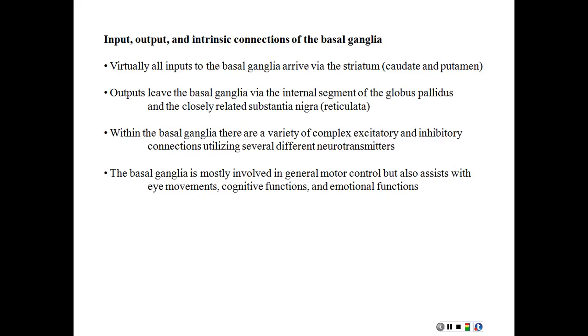And again, it's going on with generalized motor activity. But I can tell you that the basal ganglia does a lot of other things as well that we're not going to get into today, but certainly may come up in a clinical presentation of a patient where there may in fact be other deficits.